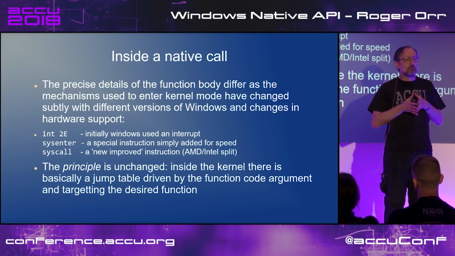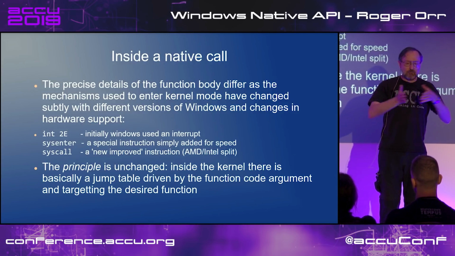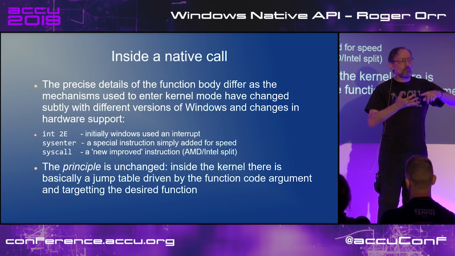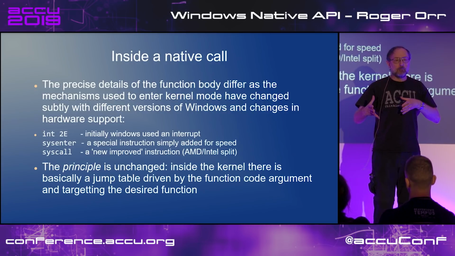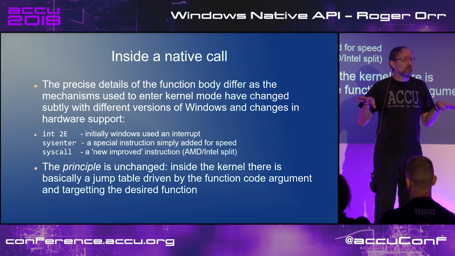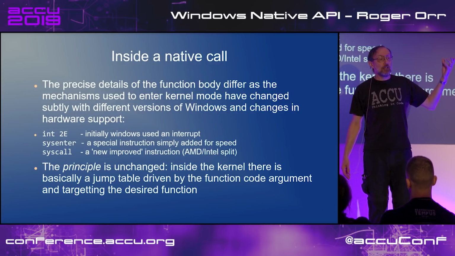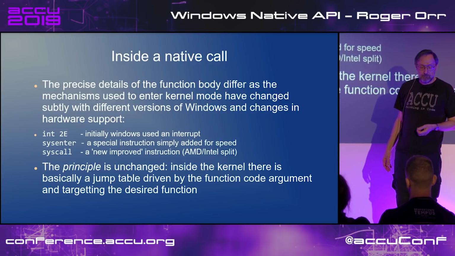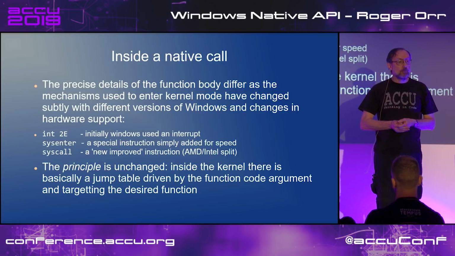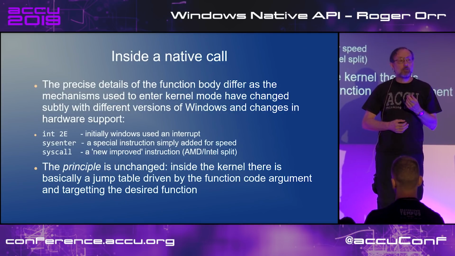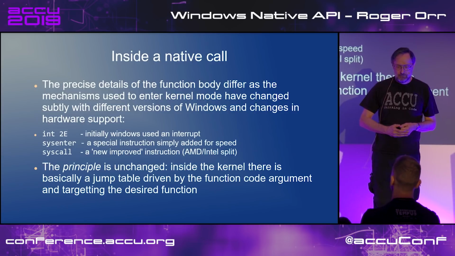Different versions of people's hardware and different revisions of chips supported sysenter and syscall on different flavors of 32 and 64. But you probably don't care. The important thing is that's how you get into kernel mode. And inside the kernel, there's basically this jump table of typically quite small numbers.